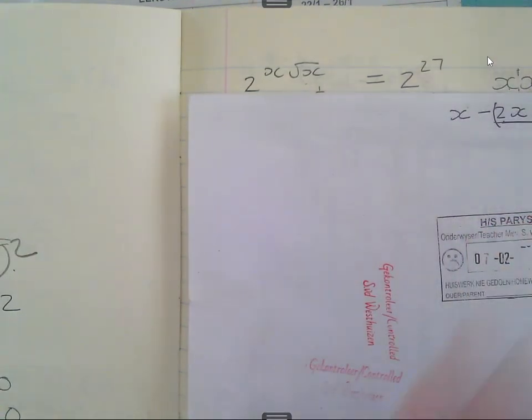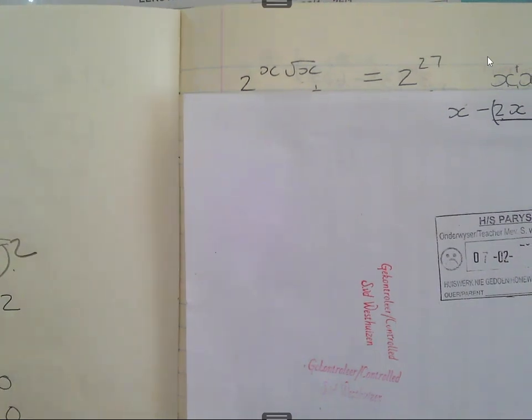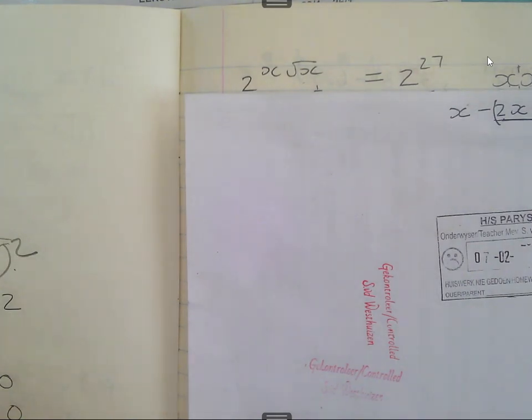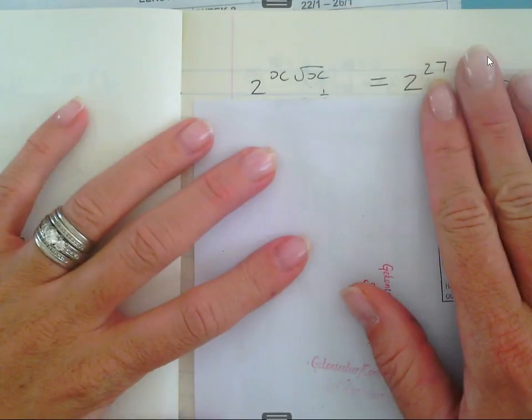2 to the power of x times the square root of x equal to 2 to the power of 27. Can you see that these bases are already the same?